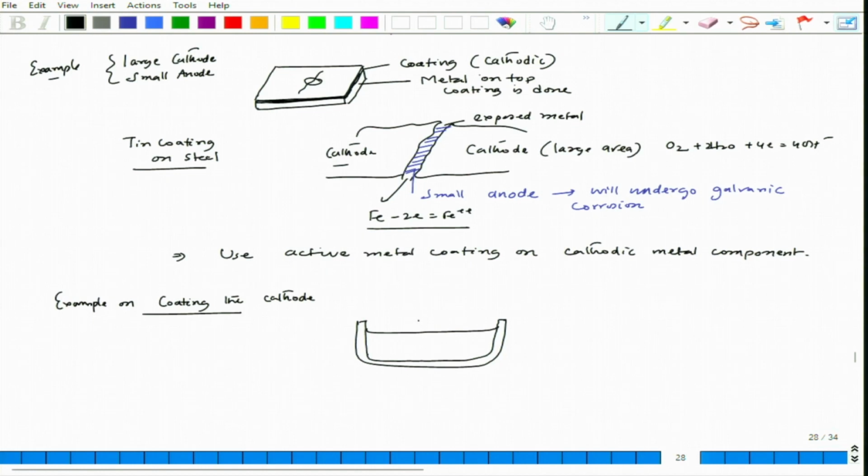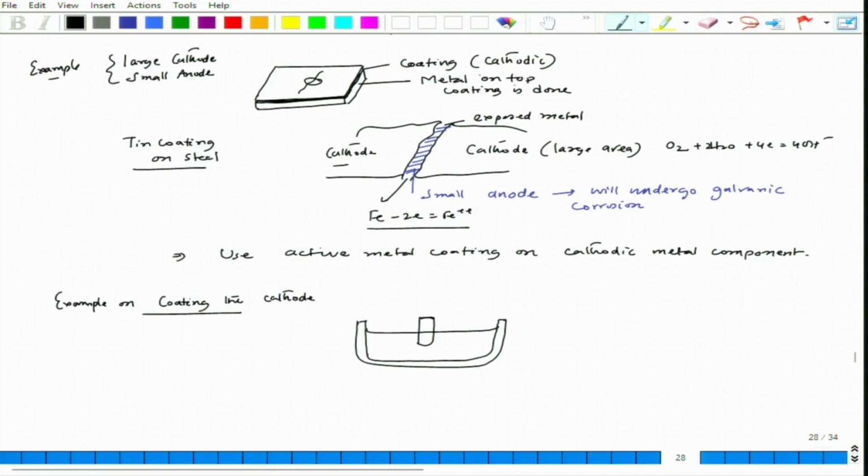Let us say if you have some anodic material inside it, so let us say this is anodic material. Now, if somebody is thinking that this is anodic, this is active metal, so there could be possibility of high degree of corrosion.